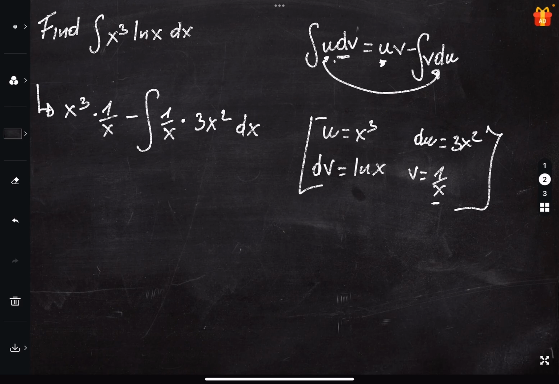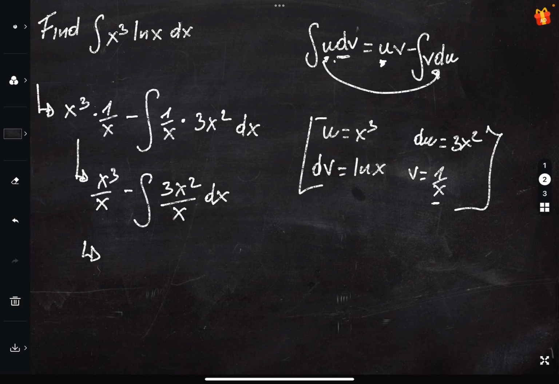I can simplify this as x cubed over x minus the integral of 3x squared over x dx.